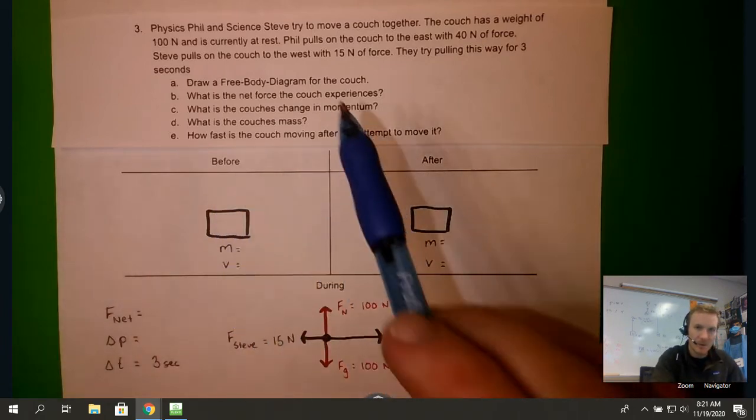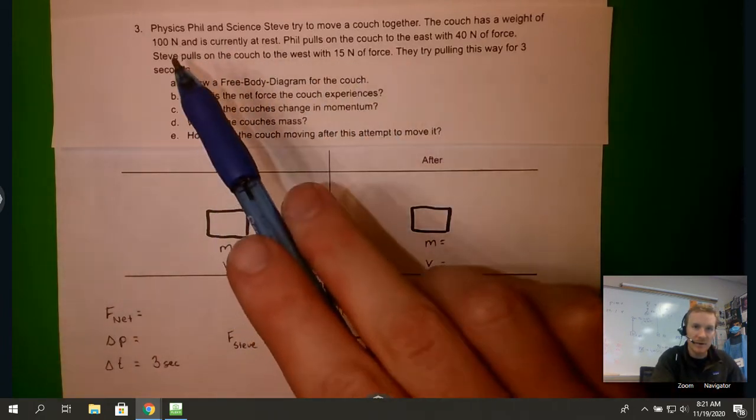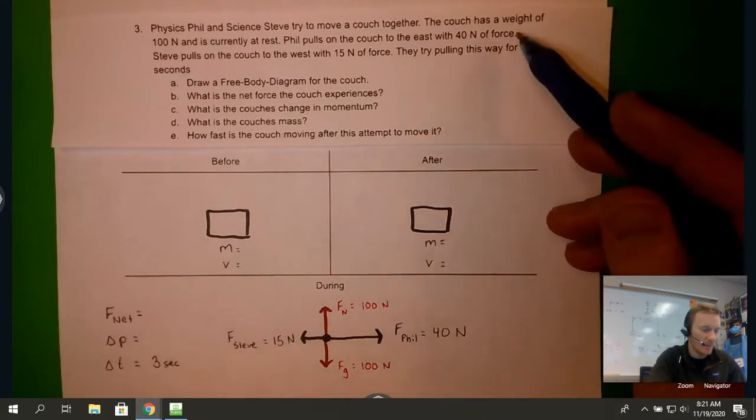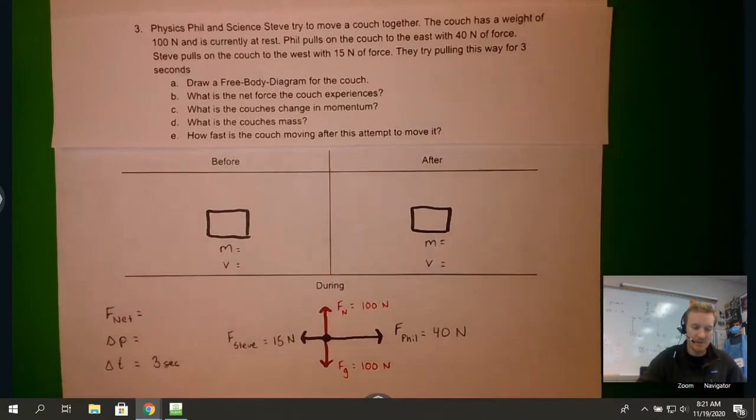The question also said that the couch has a weight of 100 newtons. Remember that weight is just an object's interaction with gravity. The object's interaction with gravity. Okay, so you have a certain mass, and your weight is different than your mass because your mass is just a measure of how much stuff you have.